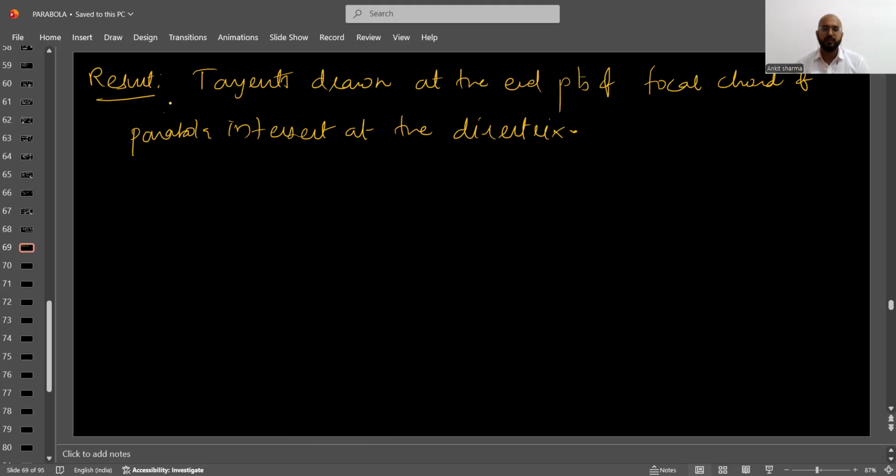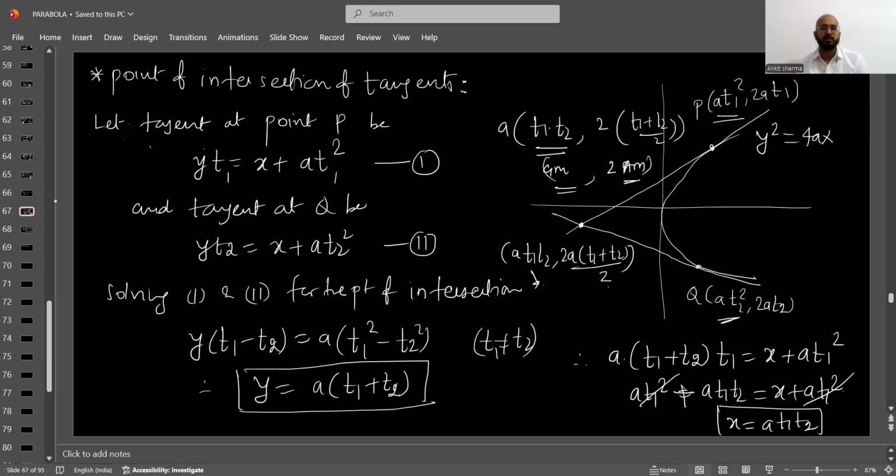Now in this result we observe something very special. The equation of tangent at P is y t1 = x + a t1 squared. If I rewrite it, y = (1/t1) x + a t1. And the tangent at Q is y = (1/t2) x + a t2.